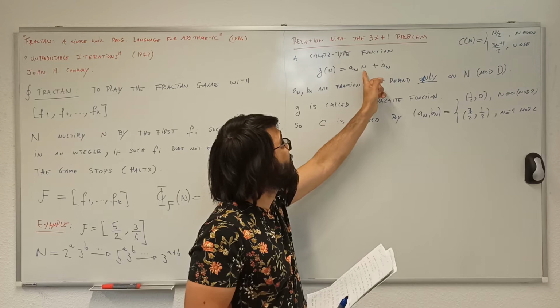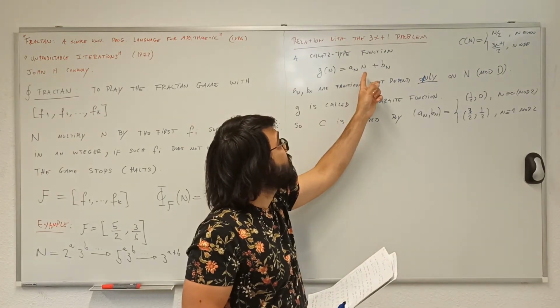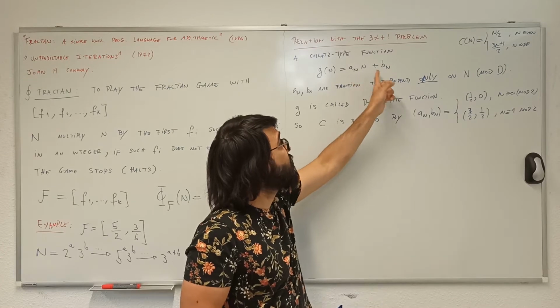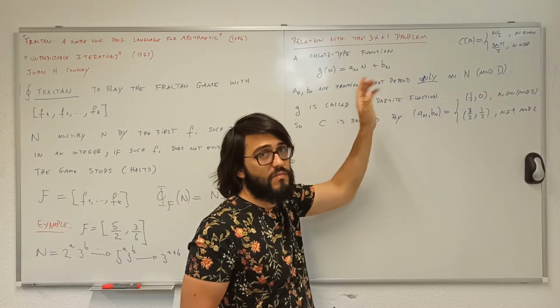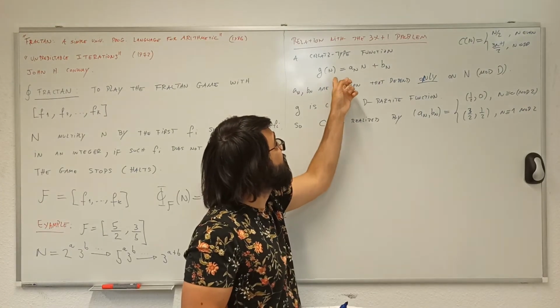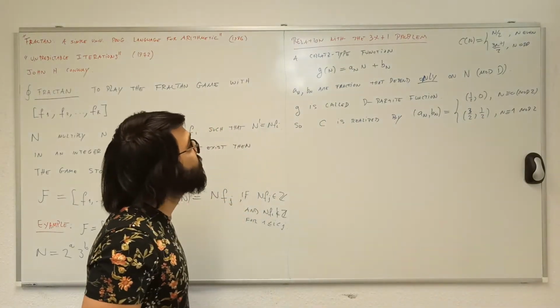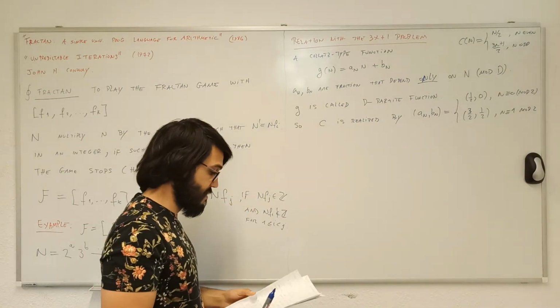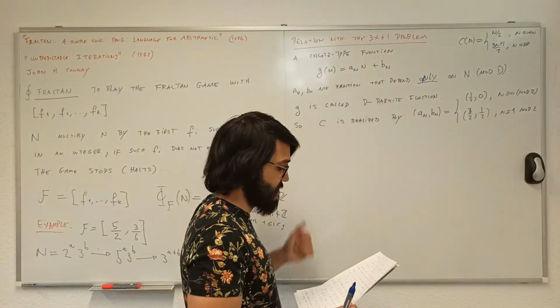So if n is a multiple of the least common multiple of all the denominators appearing in the a's and b's, which will be a finite set of fractions, then g(n) is a proper integer. But in general it's not guaranteed.